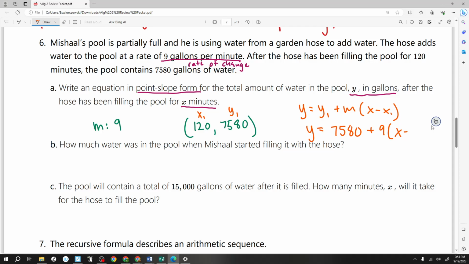What's X1? 120. And this would be the answer because it asks for the equation in point slope form.